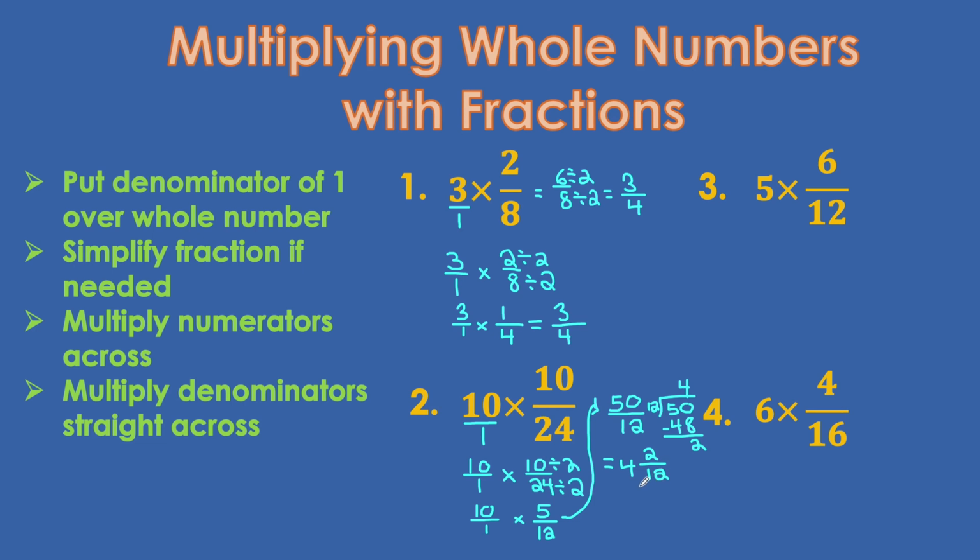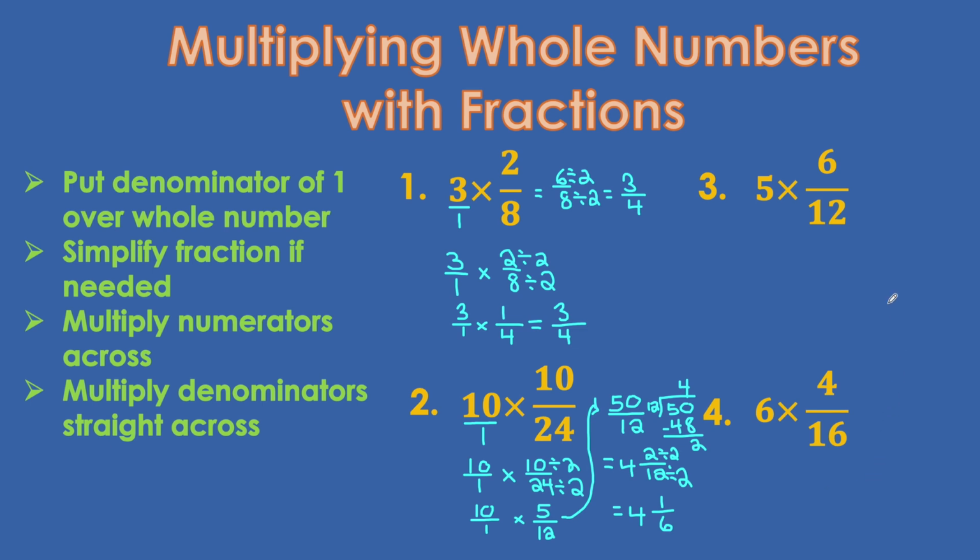Now we can still simplify this because we have another common factor between 2 and 12 besides 1, which would be 2. So we want to divide top and bottom by 2, which equals 4. And 2 divided by 2 is 1. 12 divided by 2 is 6. So our final answer is 4 and 1/6.